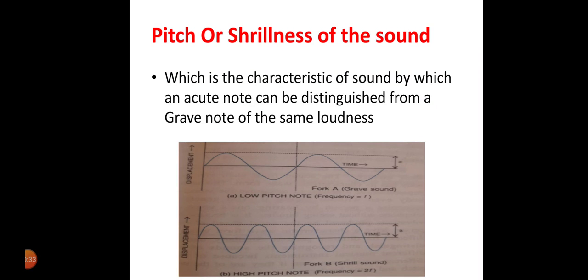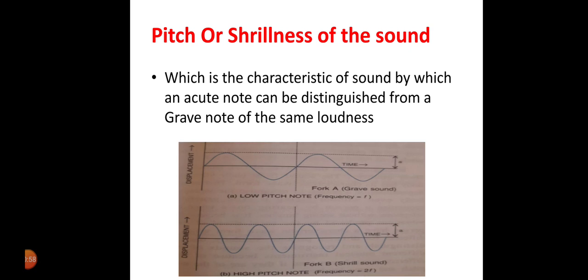So, you can see in the diagram the pitch or shrillness of sound is shown. First diagram gives you the low pitch sound, and the second diagram will give you high pitch sound. Both are having the same amplitude, but the frequency of both are different.